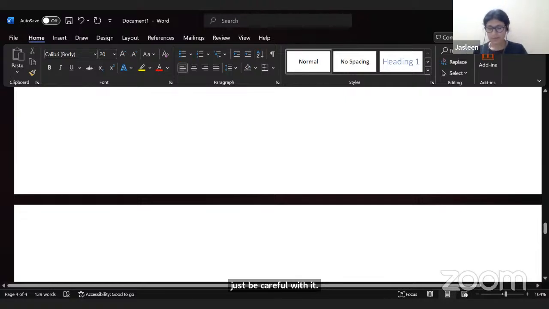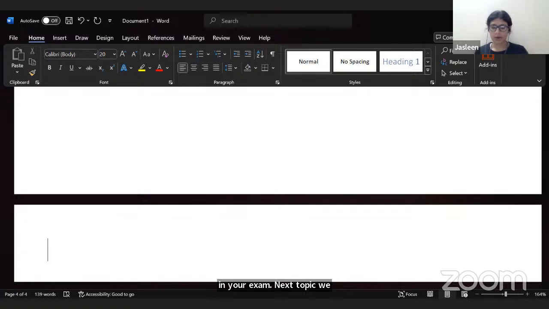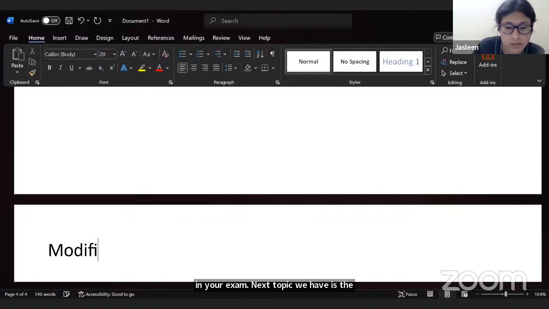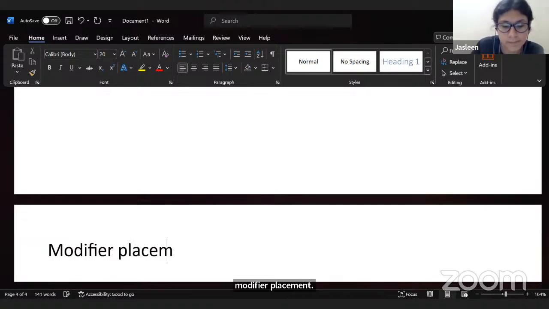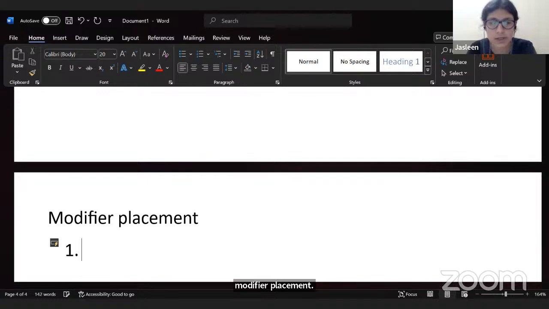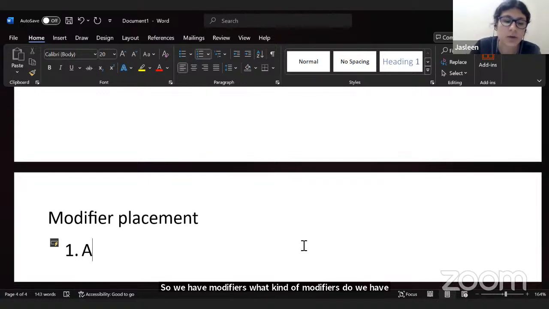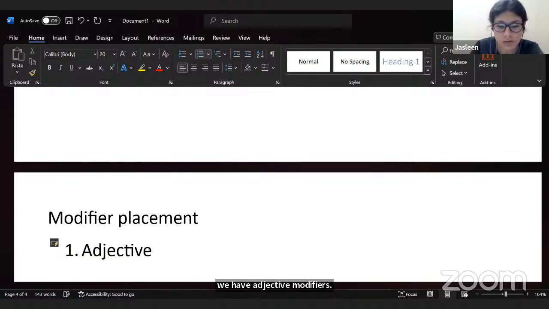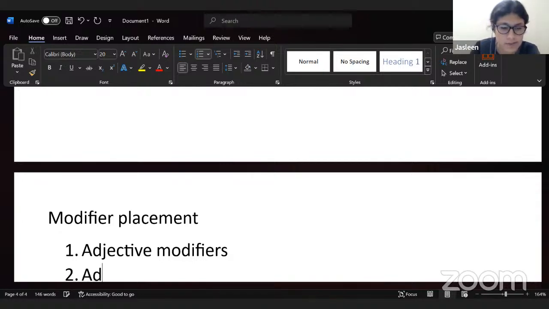Next topic we have is modifier placement. So we have modifiers. What kind of modifiers do we have? We have adjective modifiers. Also, we have adverb modifiers.